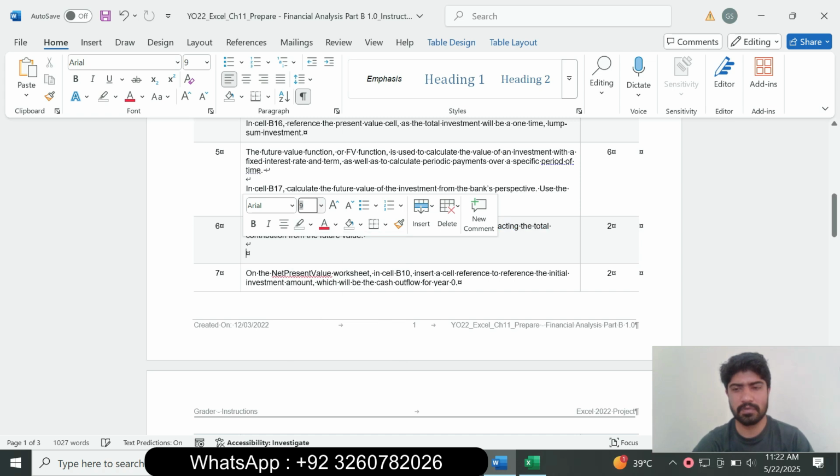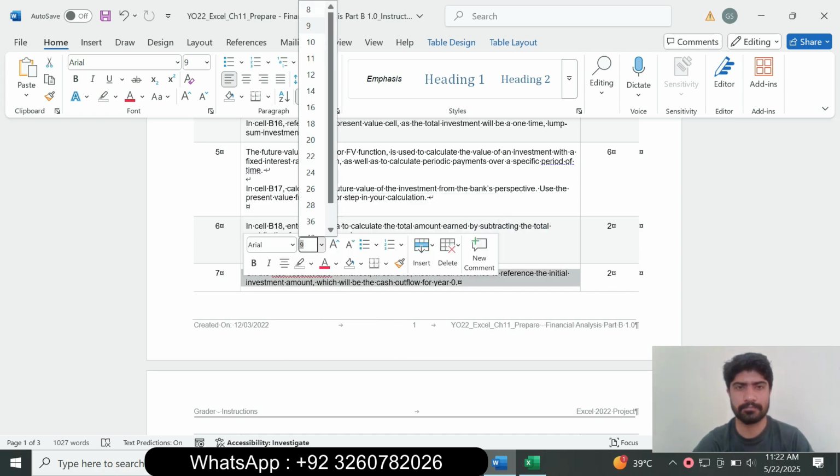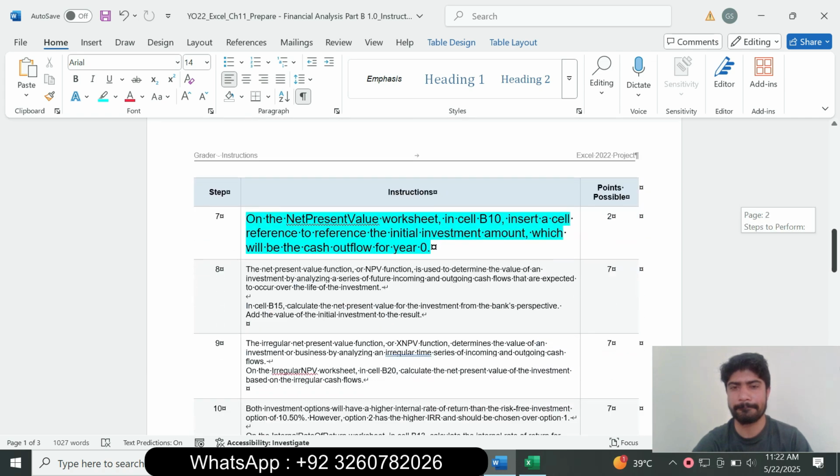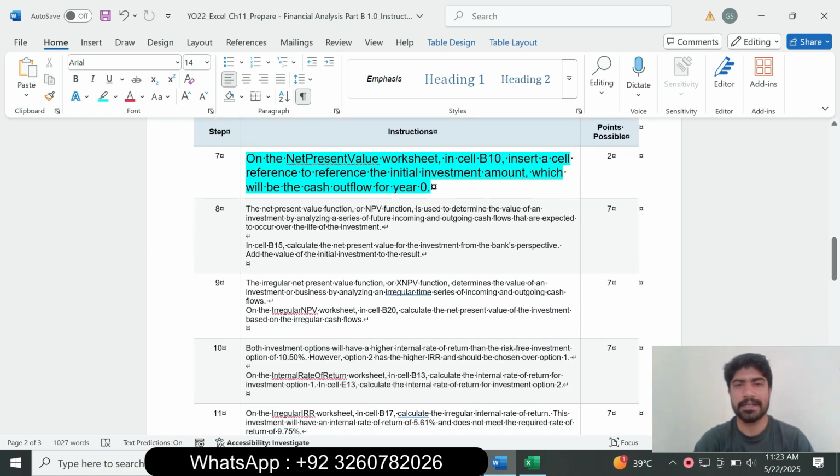We move to question number 7. So question number 7 is, on the net present value worksheet, in cell B10, insert the cell reference to reference the initial investment amount, which will be the cash outflow for year 0.